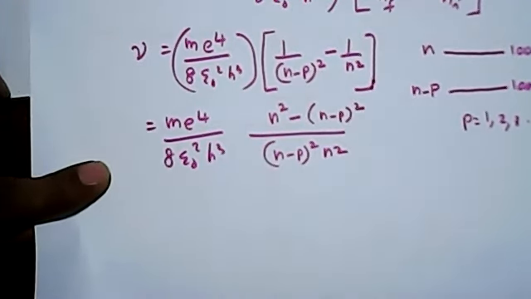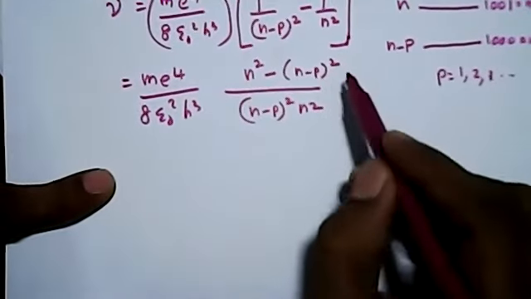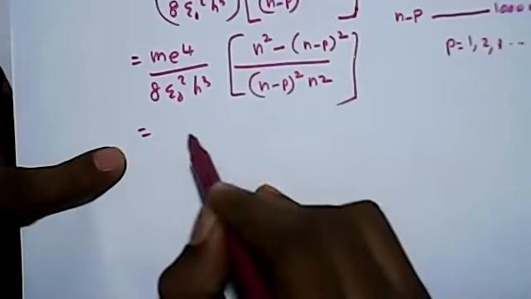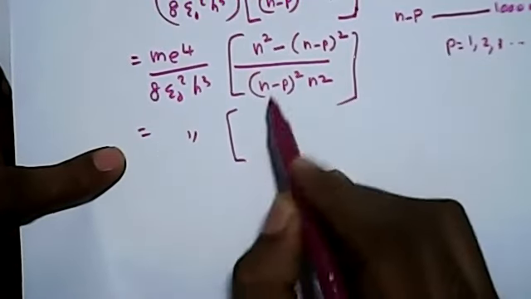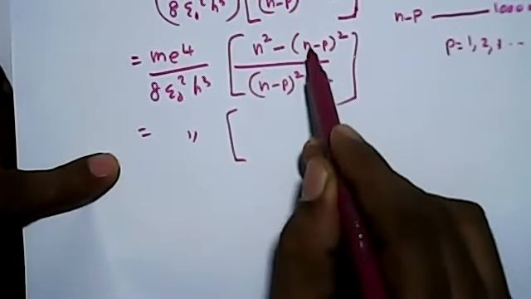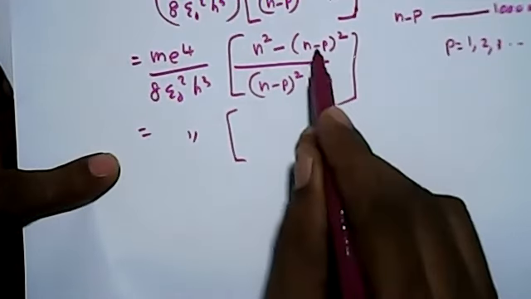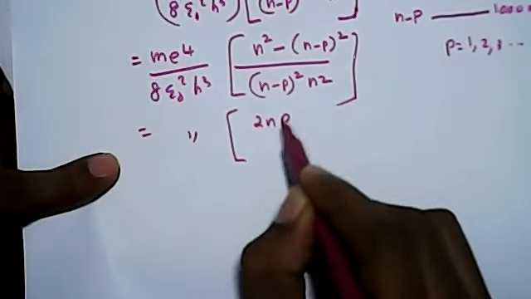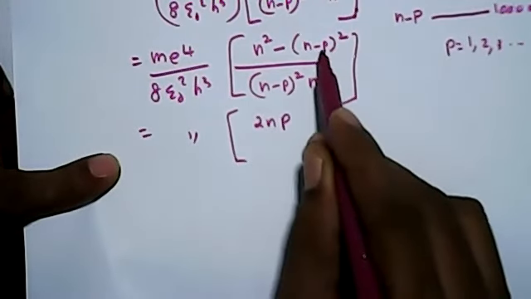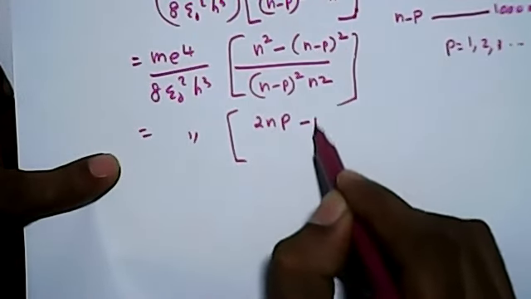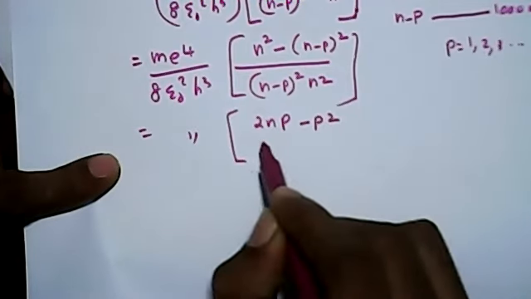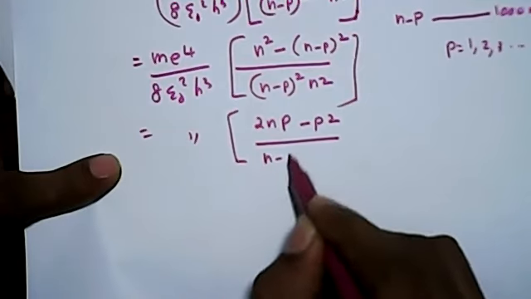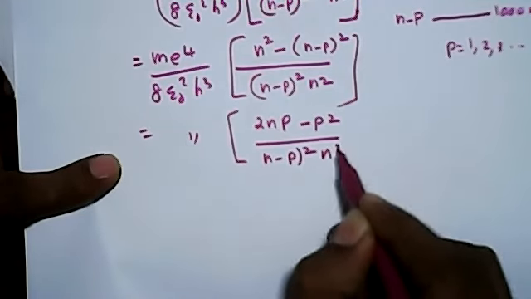When you simplify this, n square minus n square will cancel. What remains is minus 2np becomes 2np, then plus p square, that becomes minus p square, divided by n minus p whole square into n square.